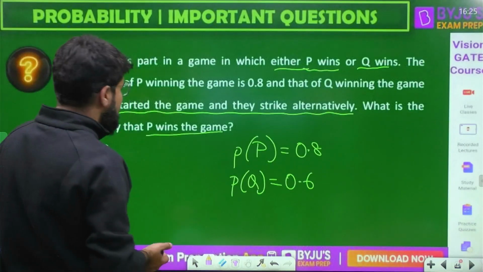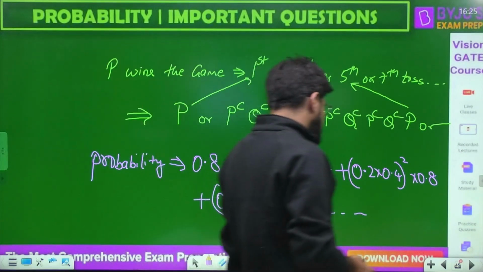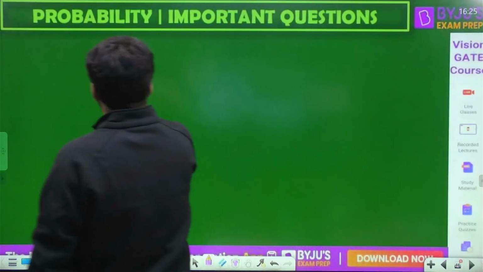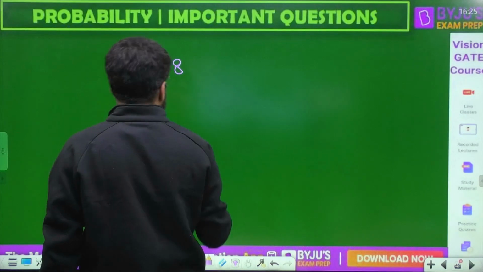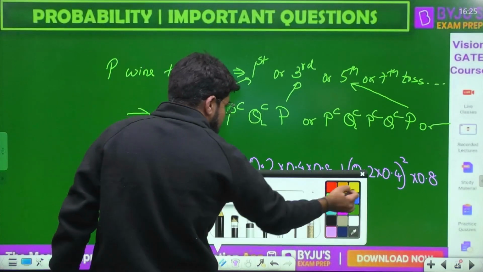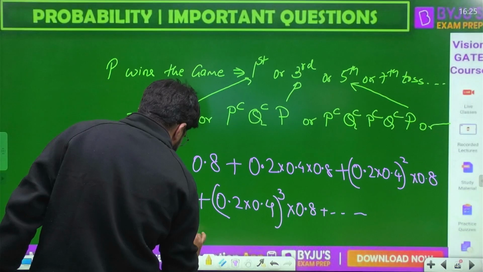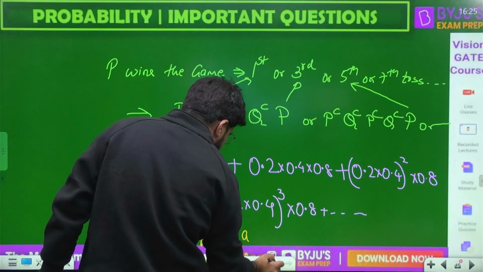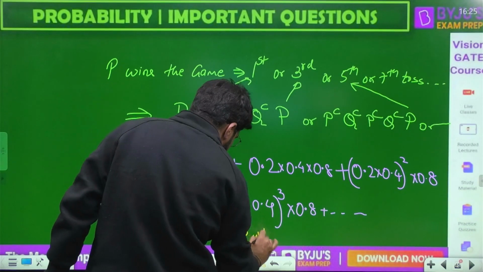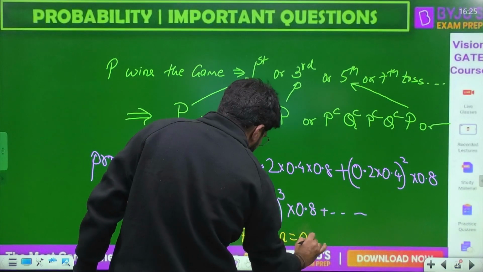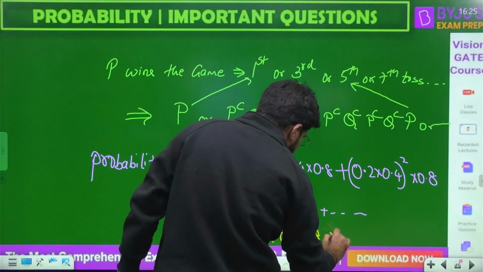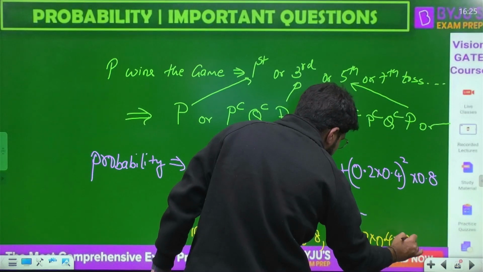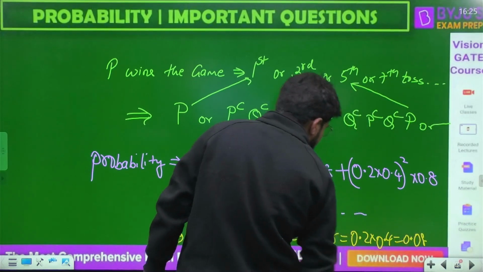So this is a basic calculation. If I move forward, this is like a GP having the first term A. You have an infinite GP with infinite terms, with the first term of 0.8, and the GP has a very important common ratio, which is 0.2 into 0.4, which is 0.08, and mod r less than 1.